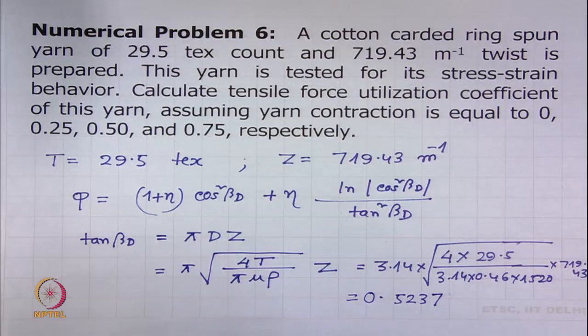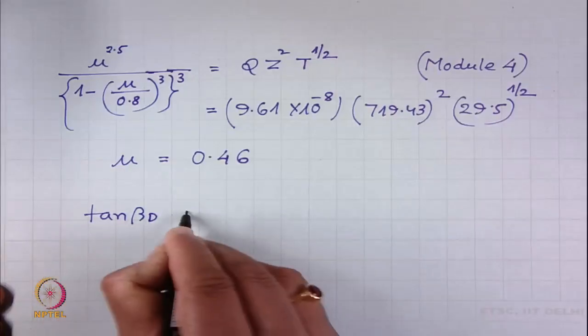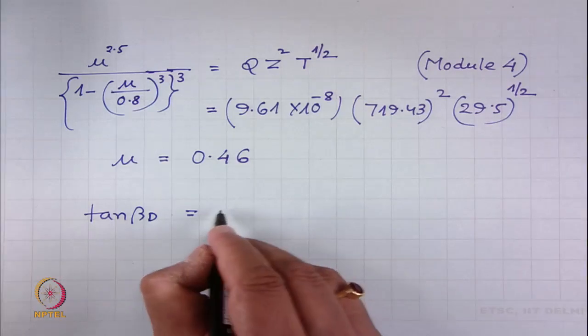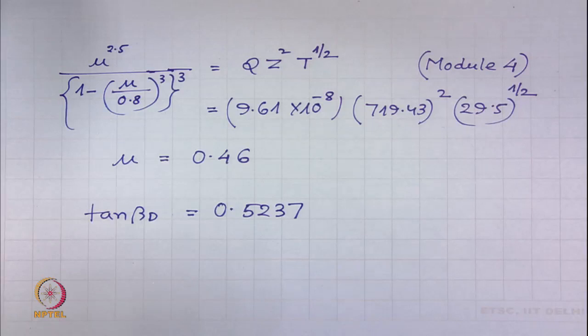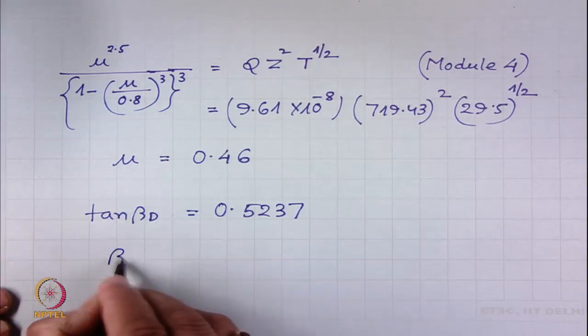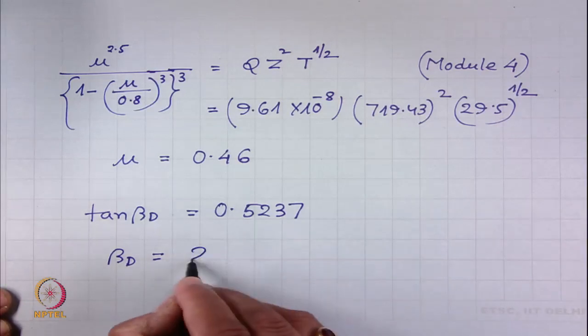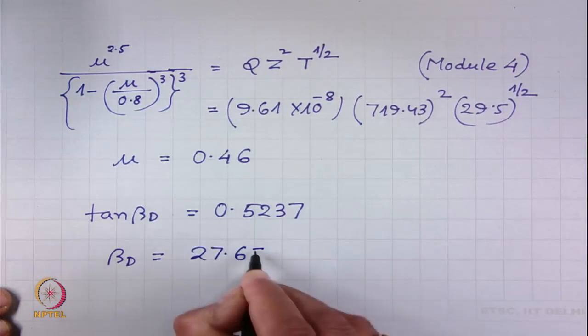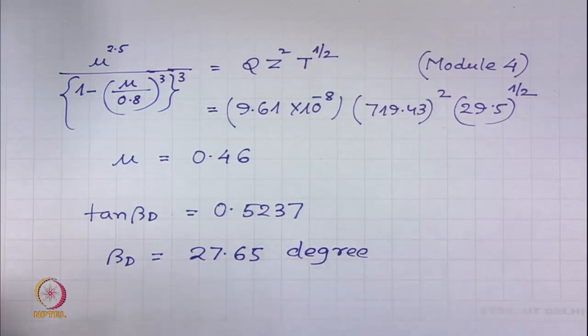Of course, it is dimensionless. So, tangent of beta d is equal to 0.5237, then beta d is tan inverse of this value, which will be approximately equal to 27.65 degree. So, in this manner you obtain beta d.